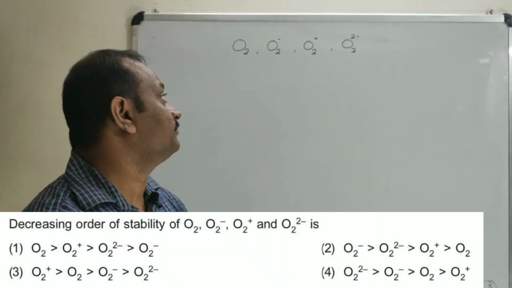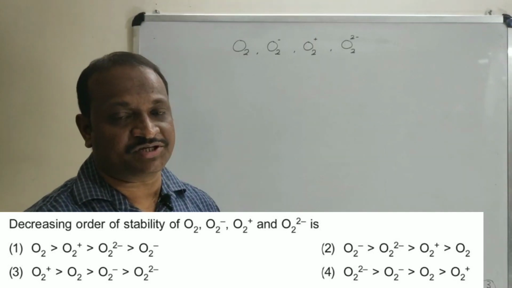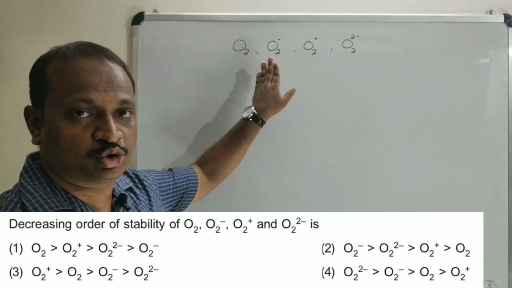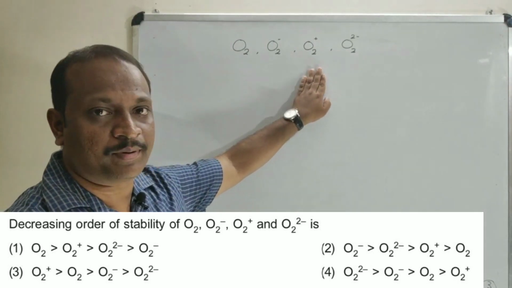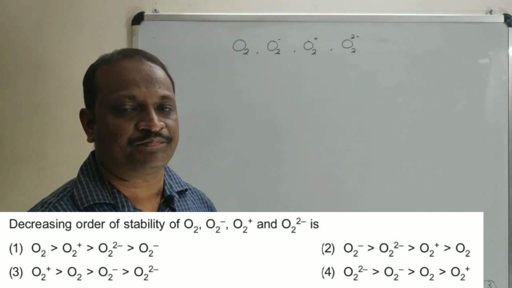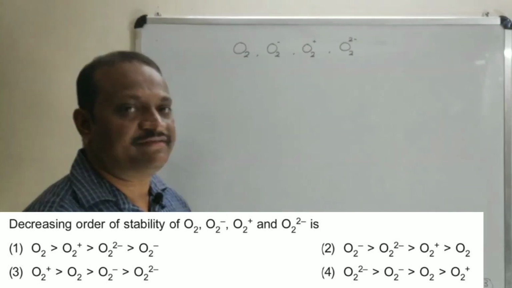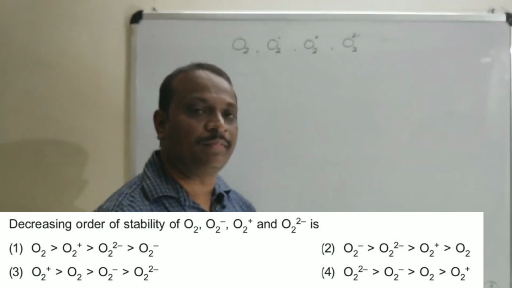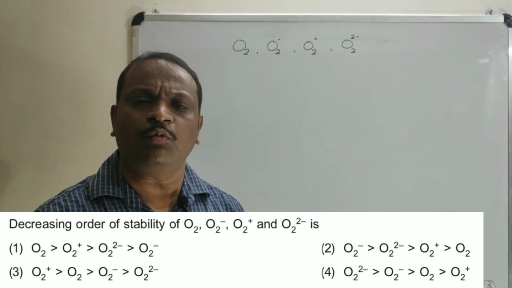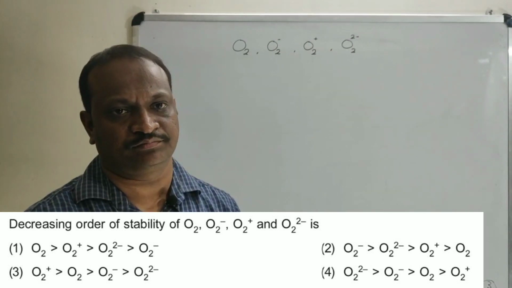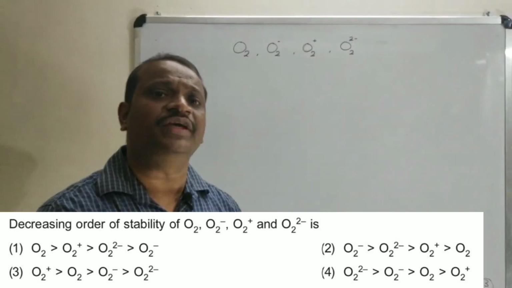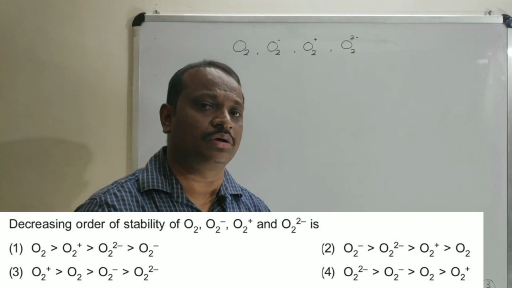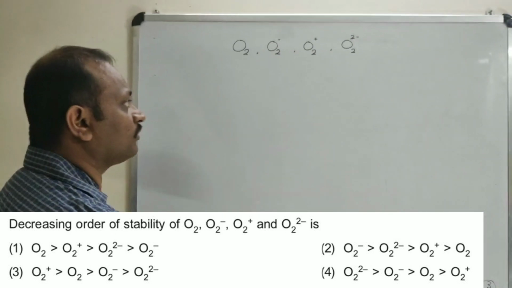In this question, they have given some species: O2, O2 minus, O2 plus and O2 2 minus. What is the correct order of stability? If we want to know the stability order, we need to find out the bond order. But for bond order, we need to find out the number of electrons.